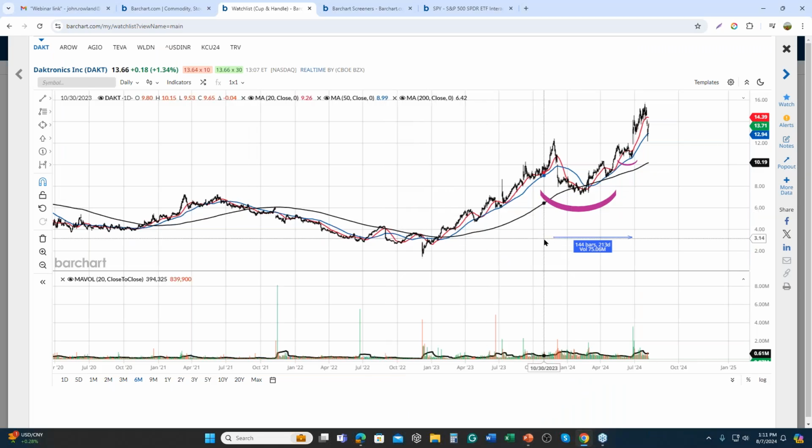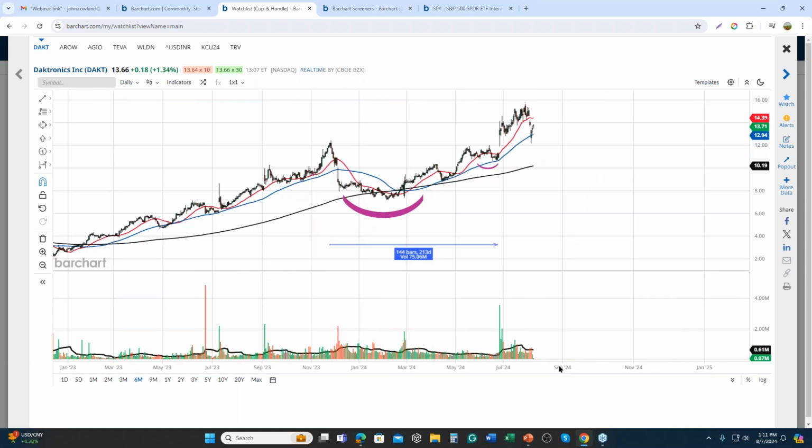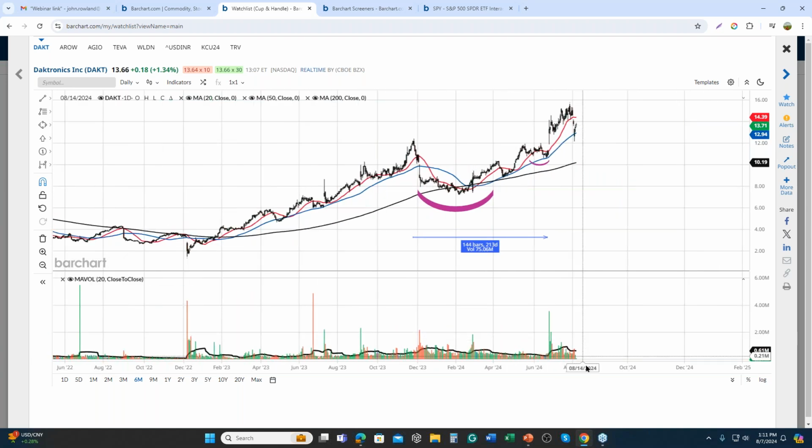But in reality, when we start to look at structure, what we might see is a couple of these V bottoms stacked on top of each other, and they could give that appearance or that effect of rounding. Again, this is probably why using moving averages is going to give us a more focused lens.